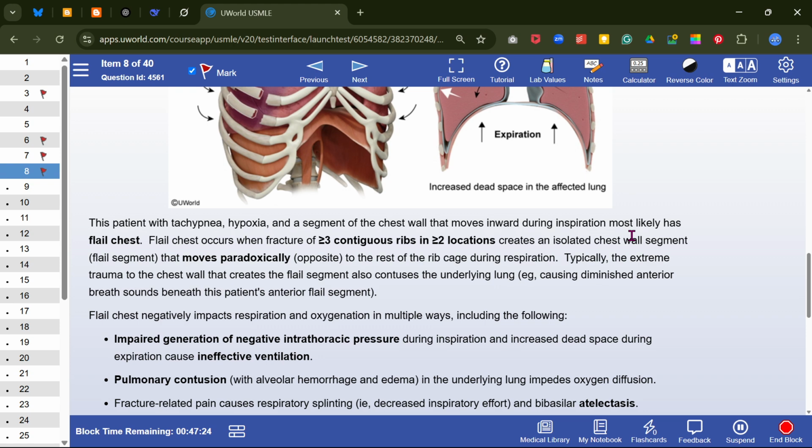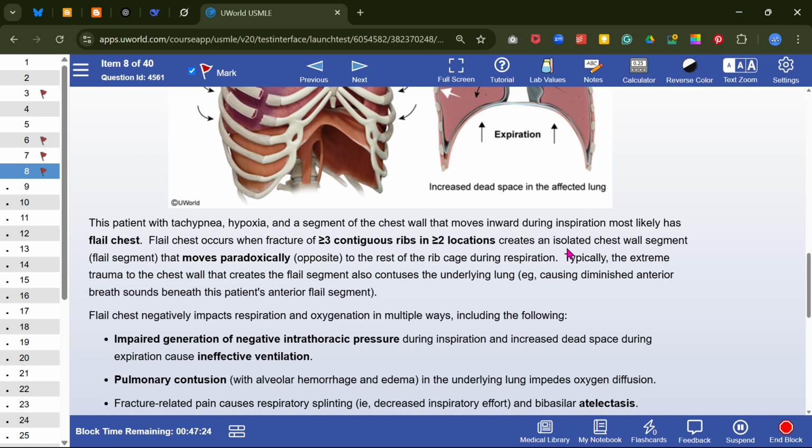Flail chest occurs when fracture of three or more contiguous ribs in two different locations creates an isolated chest wall segment, the flail segment, that moves paradoxically opposite to the rest of the rib cage during respiration.